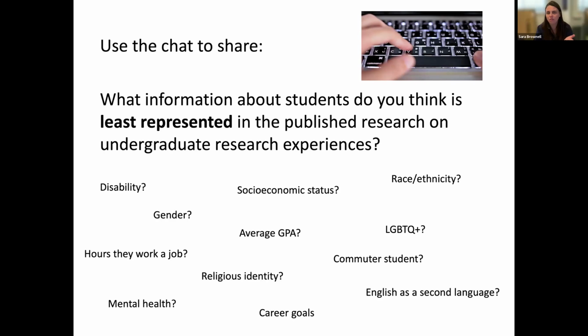What information about students do you think is least represented in the published literature on course-based undergraduate research experiences? So what do we know the least about in terms of who our students are when we look at the data that exists showing that CUREs or research experiences are impactful on students? So go ahead and think about it a bit, and then go ahead and put your ideas in the chat.